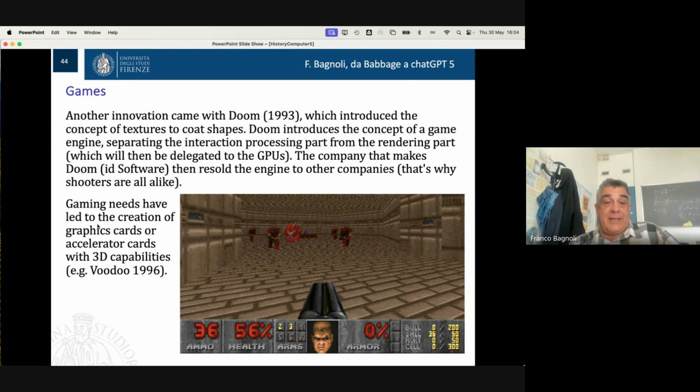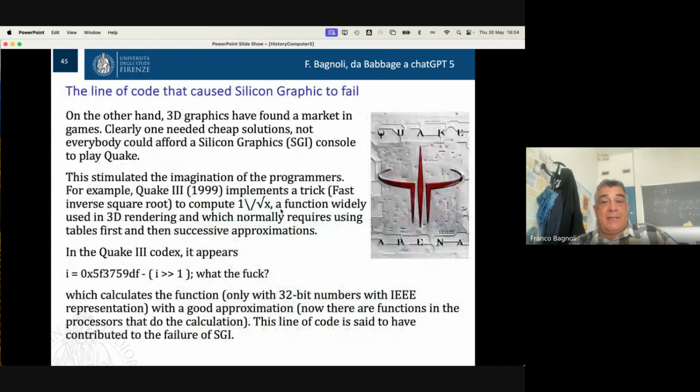And so the market of accelerated graphics cards was driving the market in the 90s and the beginning of the 2000s. And also a lot of interesting tricks came out. For instance, you can have a look at Wikipedia, the fast inverse square root.